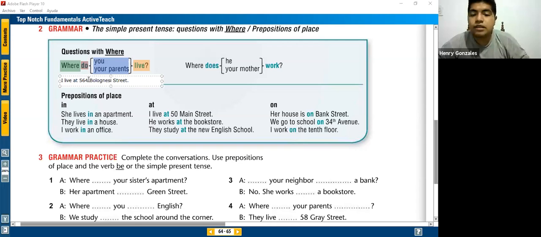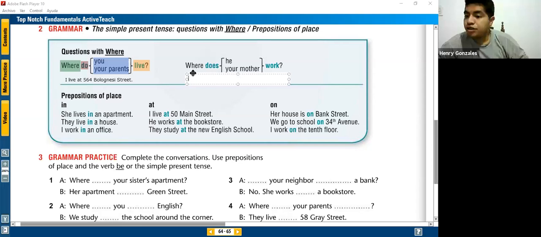And 564 is the number. Y ahí está el número. ¿Y hemos colocado qué? La preposición at. The preposition at. Y ahora vamos a ver después cómo es que funciona esto, ¿ok? I live at 564 Bolognesi Street.